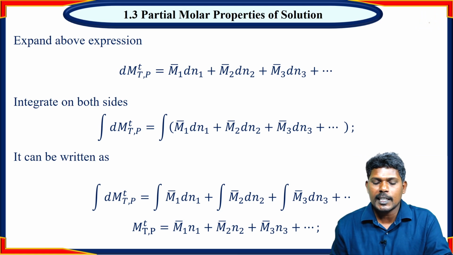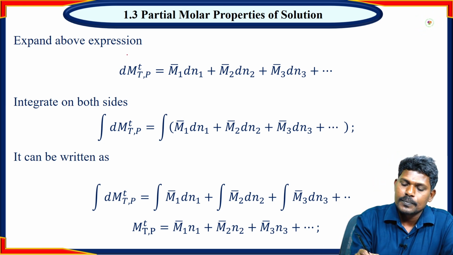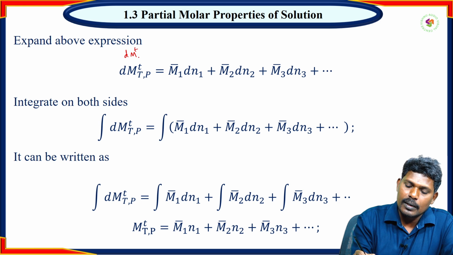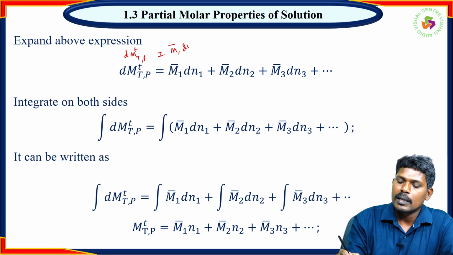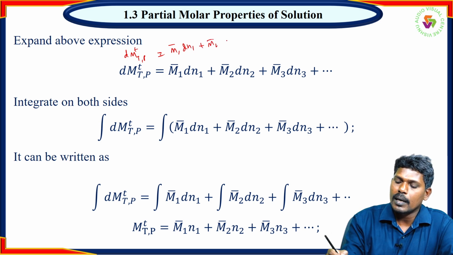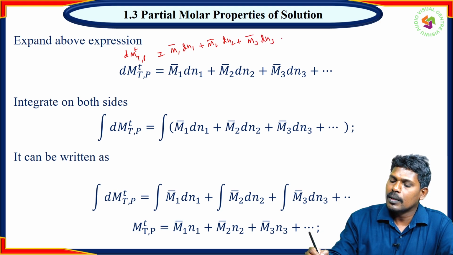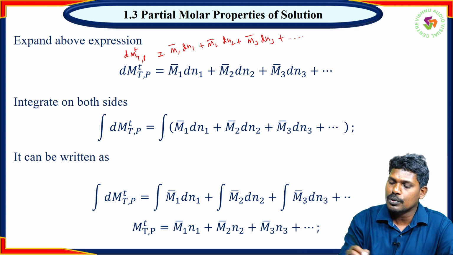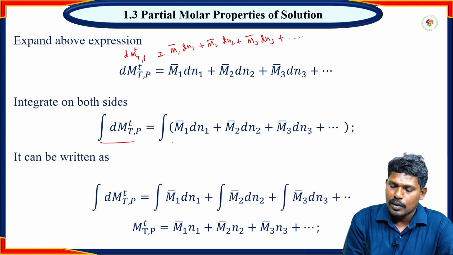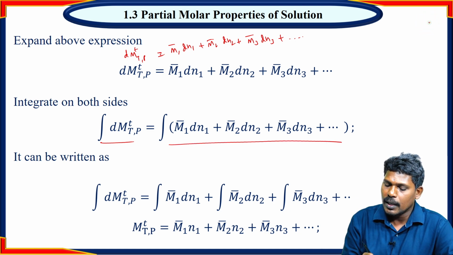So expand the above expression. When you expand that, you get dMt at constant temperature and pressure equal to M̄1 dN1 plus M̄2 dN2 plus M̄3 dN3 and so on. Now integrate on both sides, applying the integration to each term.